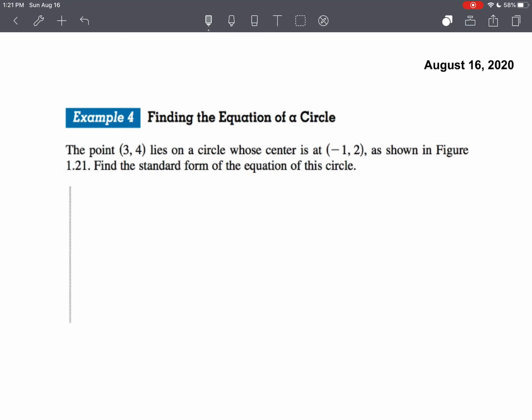Let's draw it together. So we've got this x, y axis, and the point (3, 4): 1, 2, 3, and 1, 2, 3, 4. So the point (3, 4) happens to be on the circle, and (-1, 2) happens to be the center of the circle.